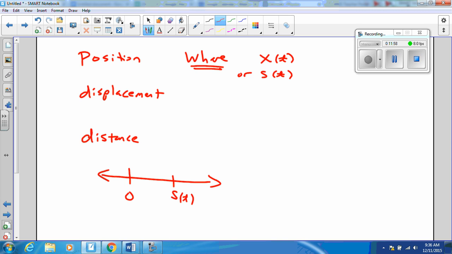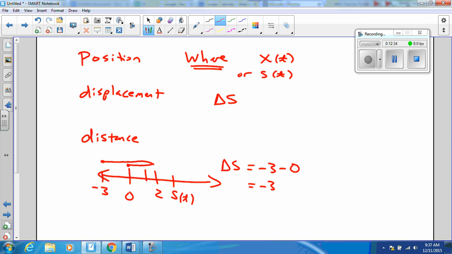Okay. Now, displacement is closely related to this. It is the change in position. The displacement is how much your position has changed by. So, if my object goes forward to 2, and then it comes back to -3, like so, then the displacement is simply final minus initial, which would be -3 minus 0 is -3.